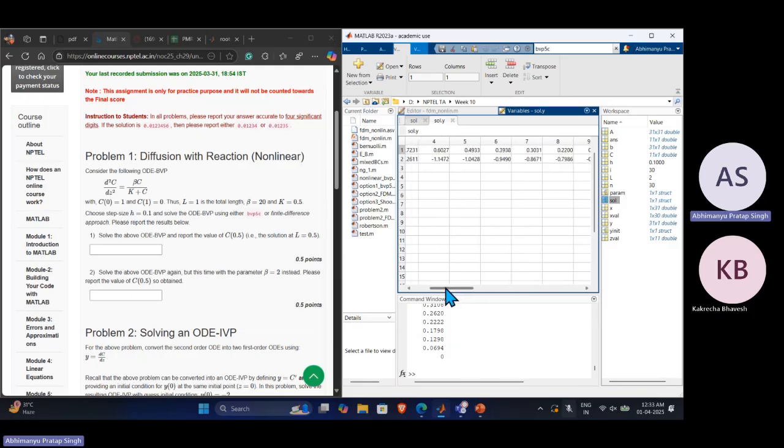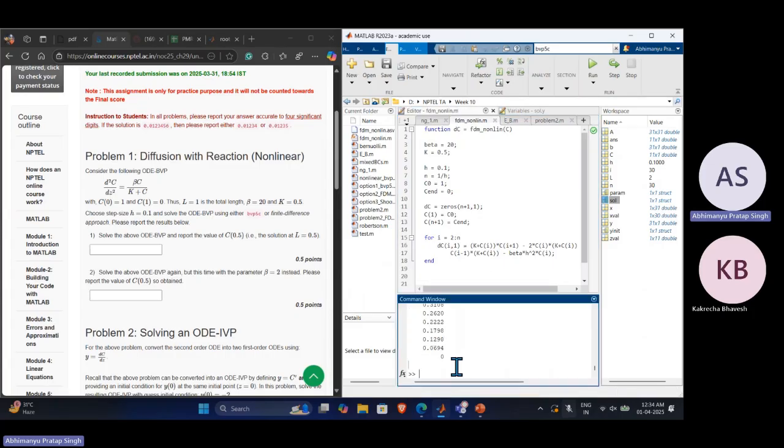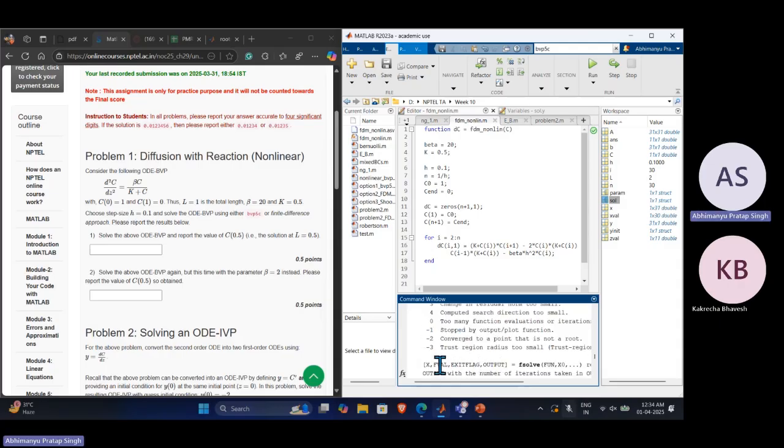This is getting close, but it's not able to solve it properly. I look at the residual. Yeah, so the second term in fval is the residual.